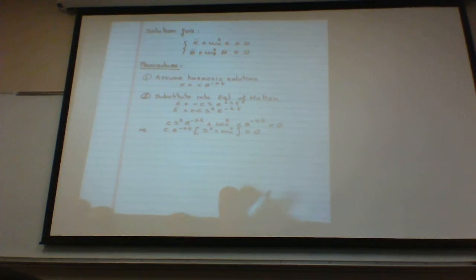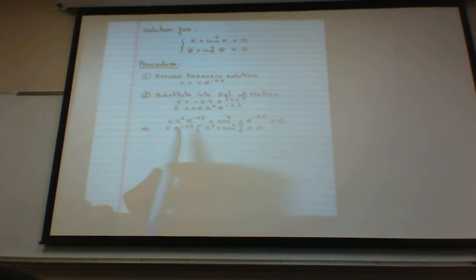Well, this should be a review. Here we say, when is this equation going to be satisfied? Either this term over here is 0, or the term in brackets. So either c exponential minus lambda t equal to 0, which is the trivial solution, or the characteristic equation lambda squared plus omega n squared equal to 0, which means that lambda equals plus or minus i omega n.